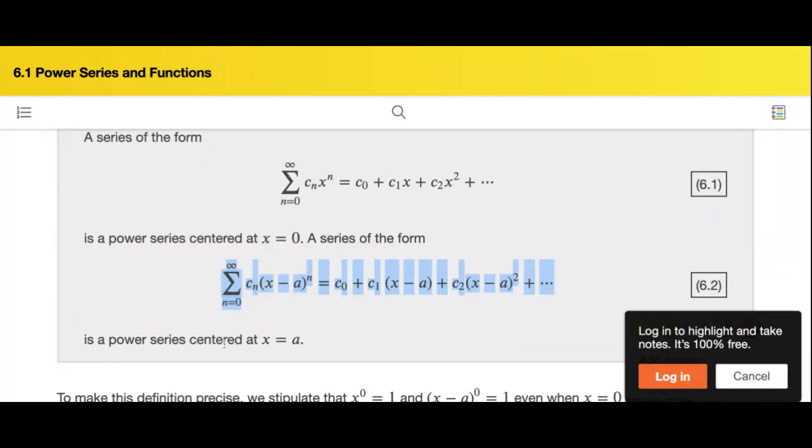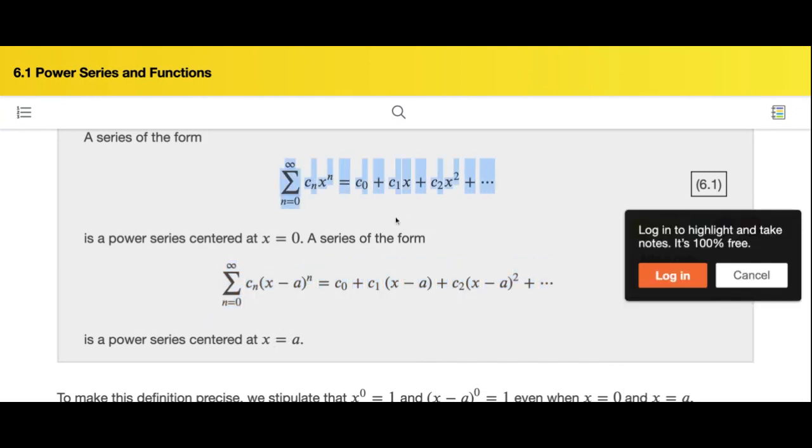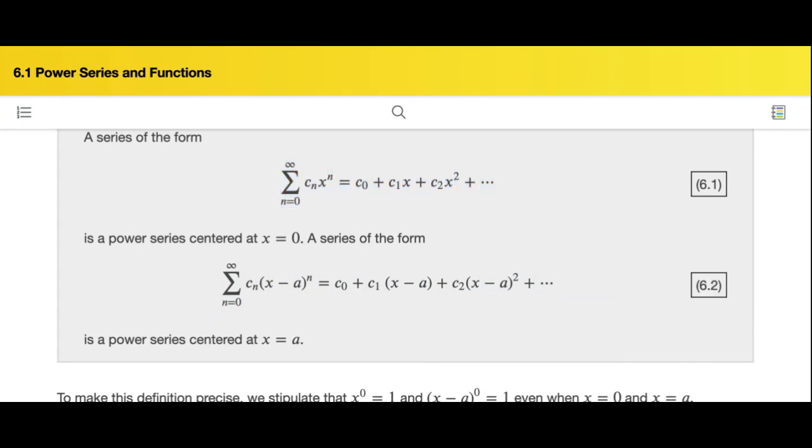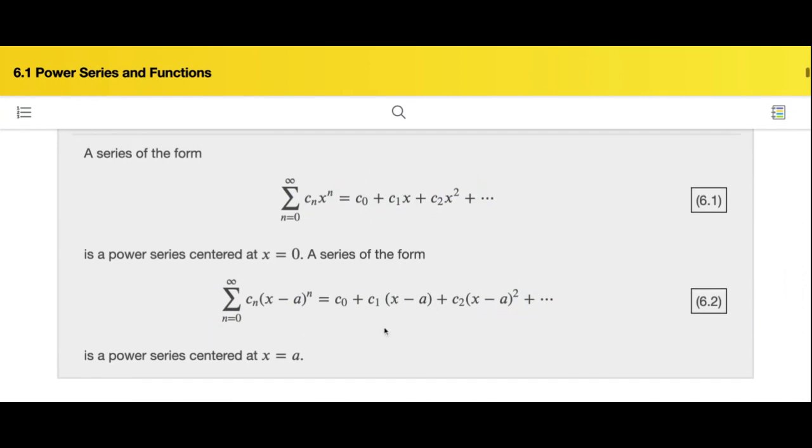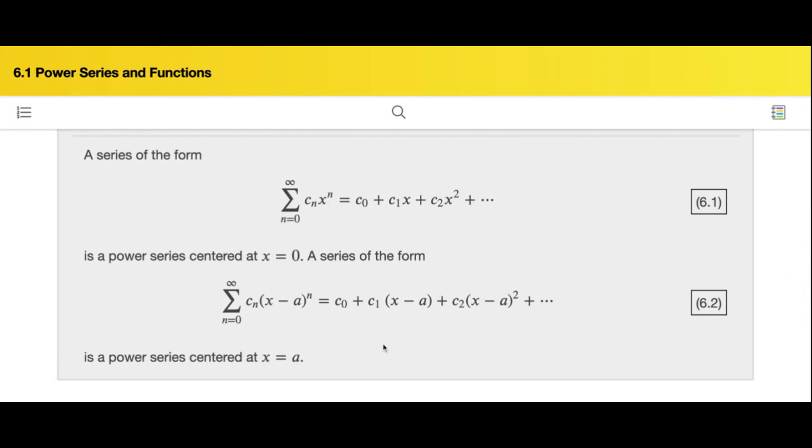So this is called a power series centered at x equals a. So this one, of course, is centered at x equals 0. Okay, so this is new. So let's try to understand the notation. This is a power series centered at a. This is a power series centered at 0. Okay, just definitions. Just definitions.